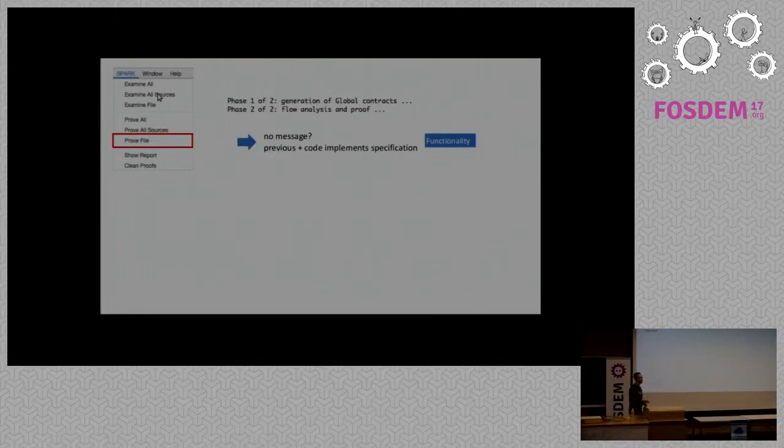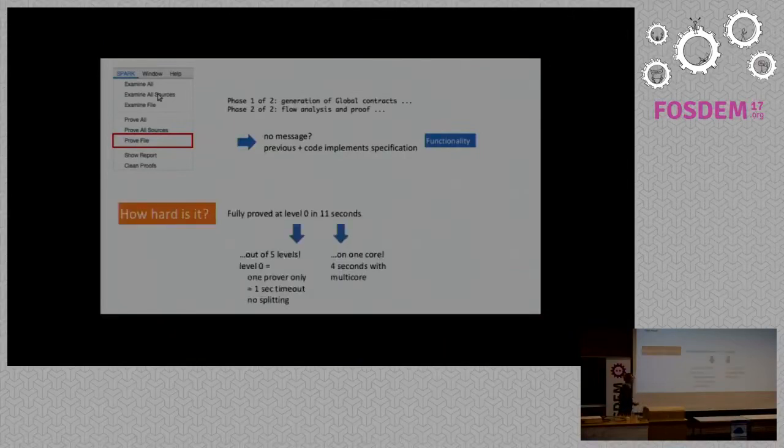How hard was it? Because these kind of tools can sometimes run for hours, eat gigabytes of memory, so that can be a concern. Here, due to the modular way that analysis is performed function by function, it's fully proved at what we call level 0 out of 4 levels. The detail is that only one automatic prover is called.